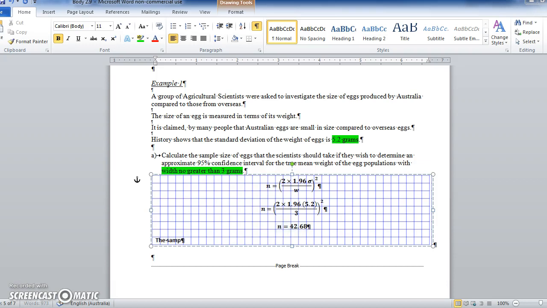So the sample size needs to be at least 43 eggs, and so we always round up for these questions. So just a note, we always round up for these questions, and the sample size needs to be at least 43 eggs. Okay, so I hope that makes things slightly clearer.